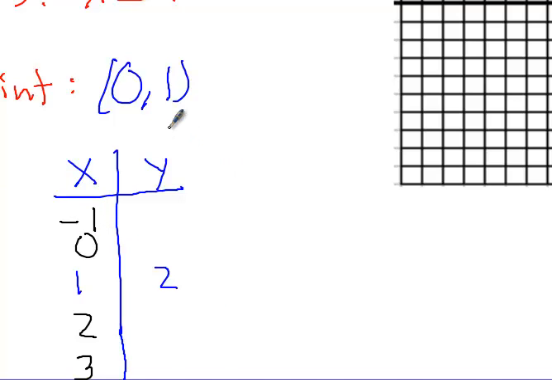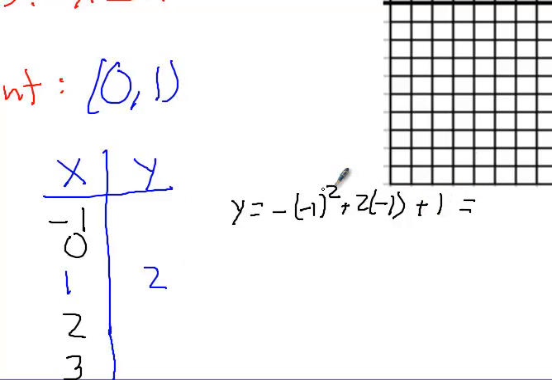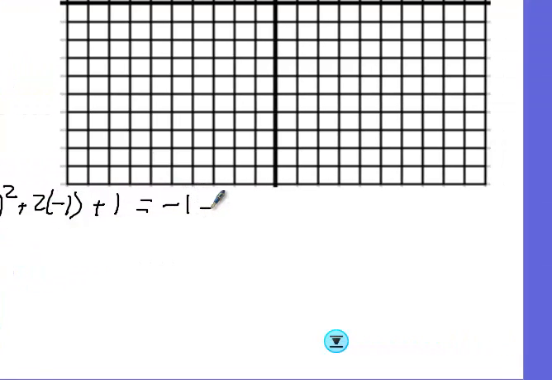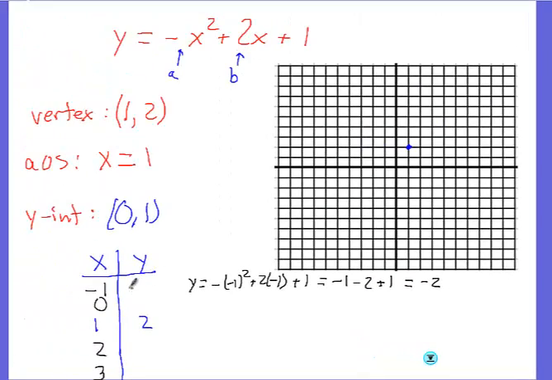Okay. Just like the vertex, the way you find the corresponding y value is you substitute the x into the equation. So this one is y equals negative 1 squared plus 2 times negative 1 plus 1. Negative 1 squared just becomes negative 1, minus 2 plus 1, for a grand total of negative 2.